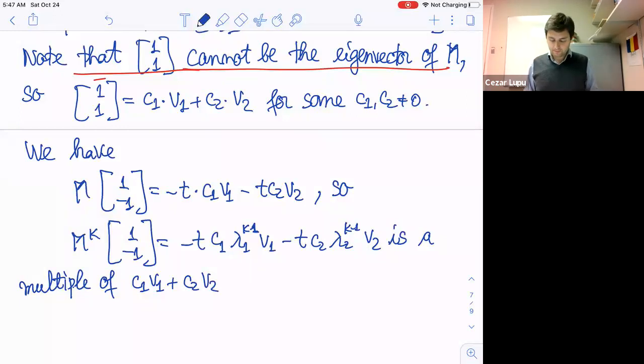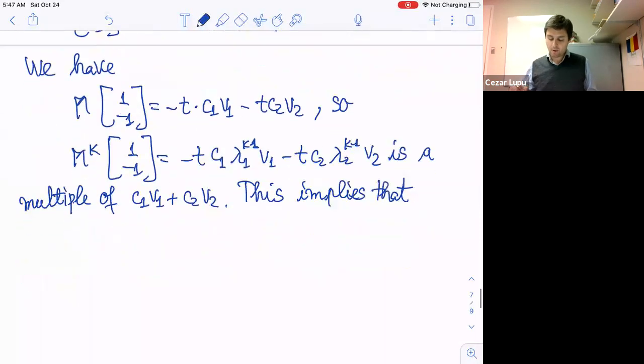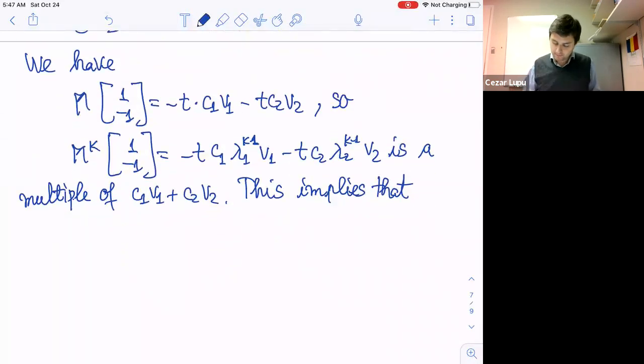So this implies that lambda 1 to the power k minus 1 is the same as lambda 2 to the power k minus 1.